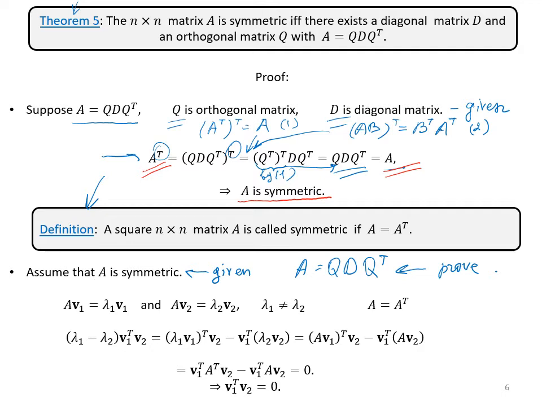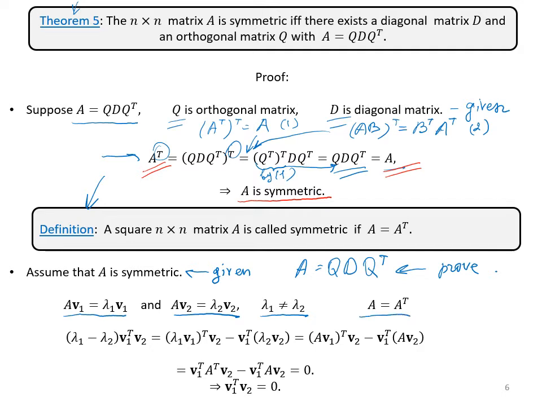Consider the distinct eigenvalues of matrix A. By definition of eigenvalues, we can write down this expression and this expression. And let's say that lambda 1 doesn't equal lambda 2.